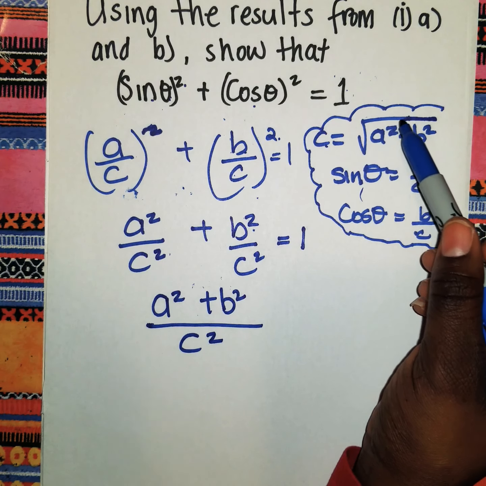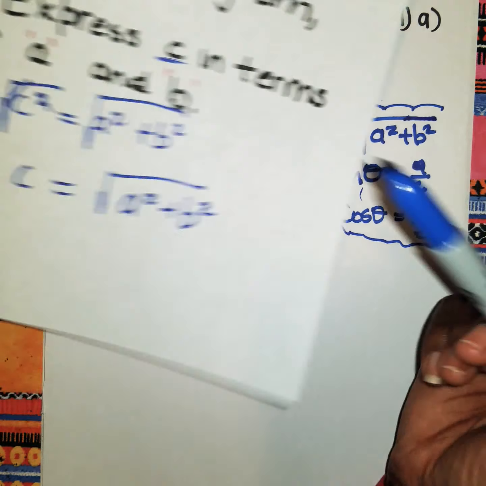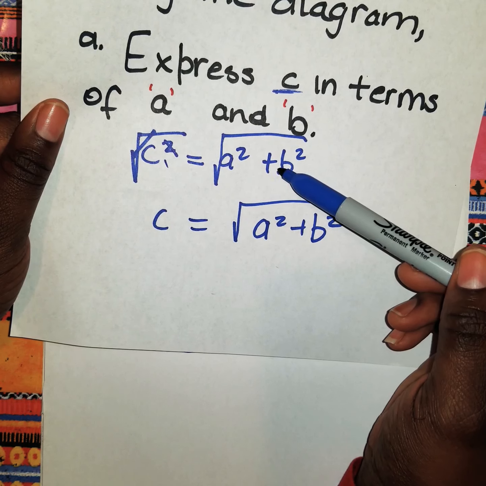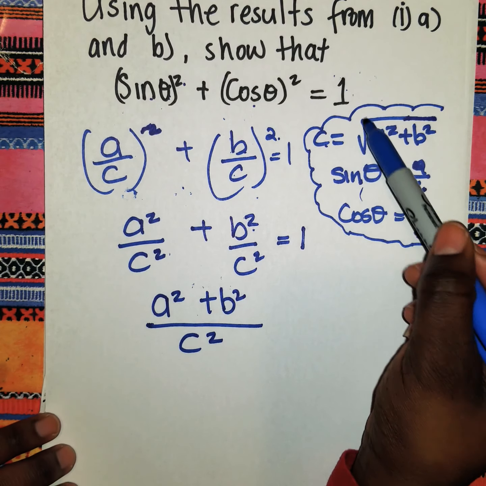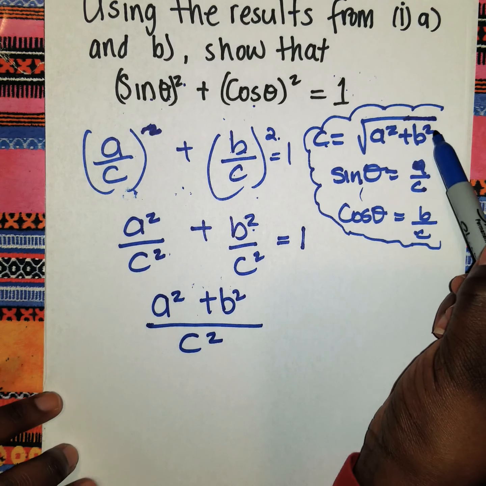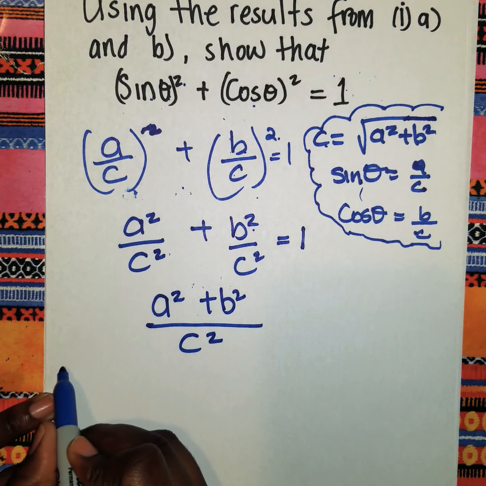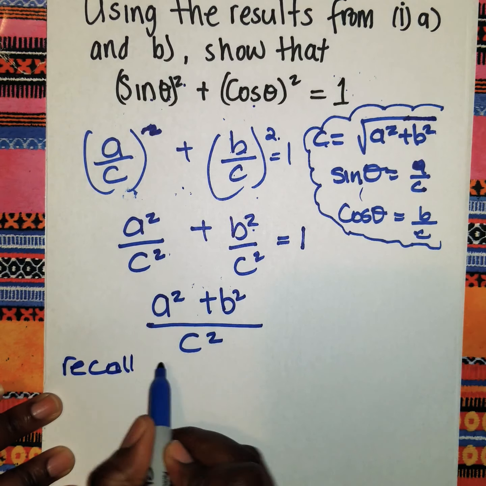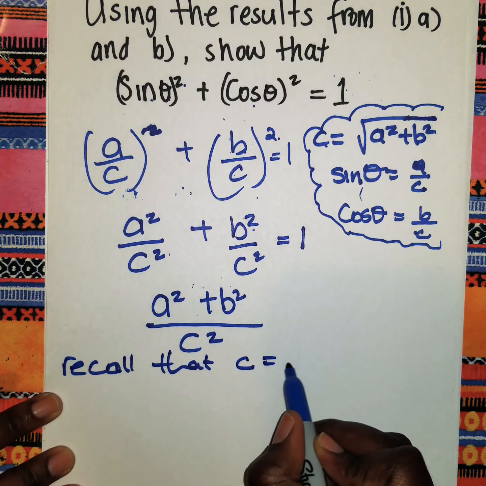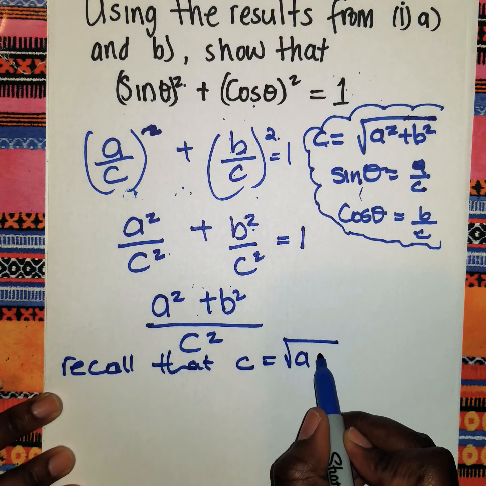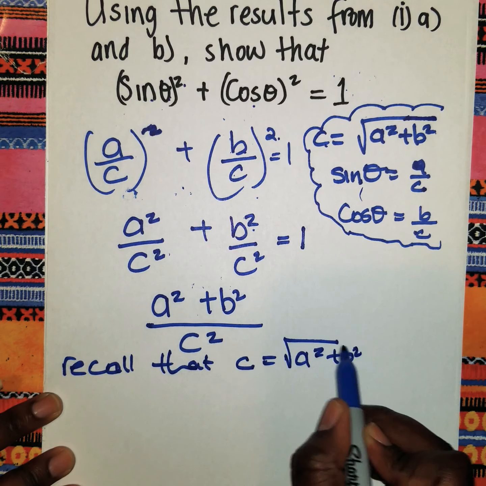But what I'm saying here, you could use the C squared from here to write it, or we just use whatever we have here. So C is equal to the square root of A squared plus B squared.